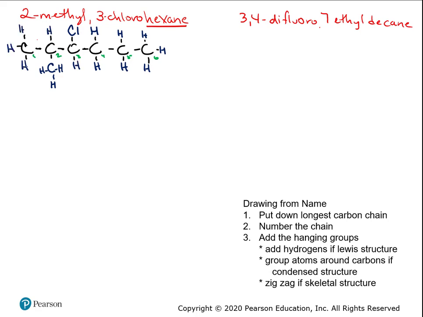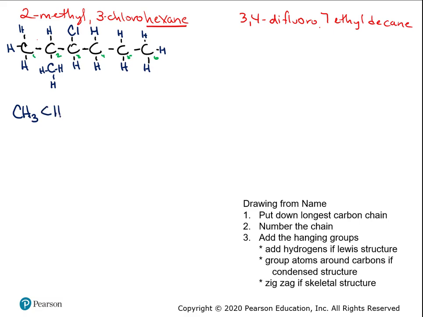Some students are like, I don't like doing all those hydrogens. So you could take this and make it into a condensed structural formula. If I was going to do the condensed, remember that's each carbon and what's around it. So how would I write carbon 1 in a condensed structural formula? I'd say it's a CH3, right? Because that's a carbon with 3 hydrogens. The next one, carbon 2, has how many hydrogens?